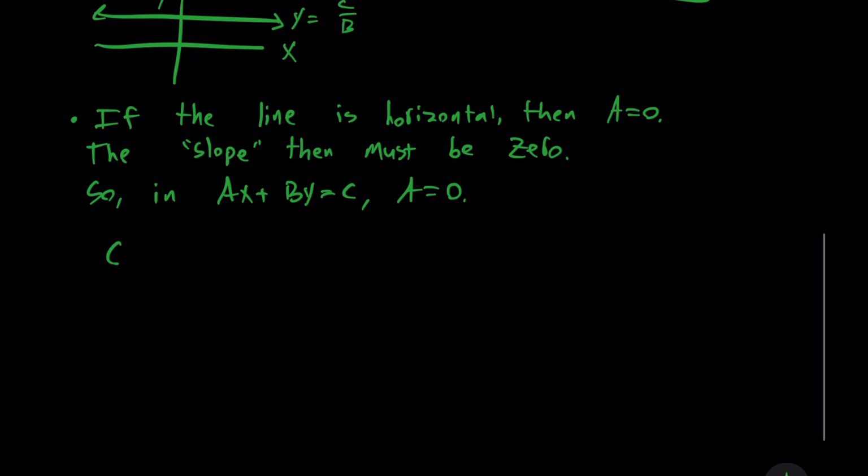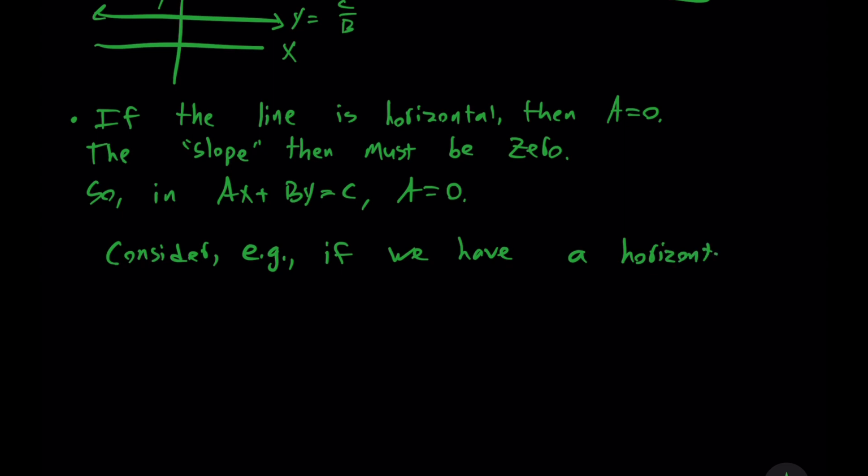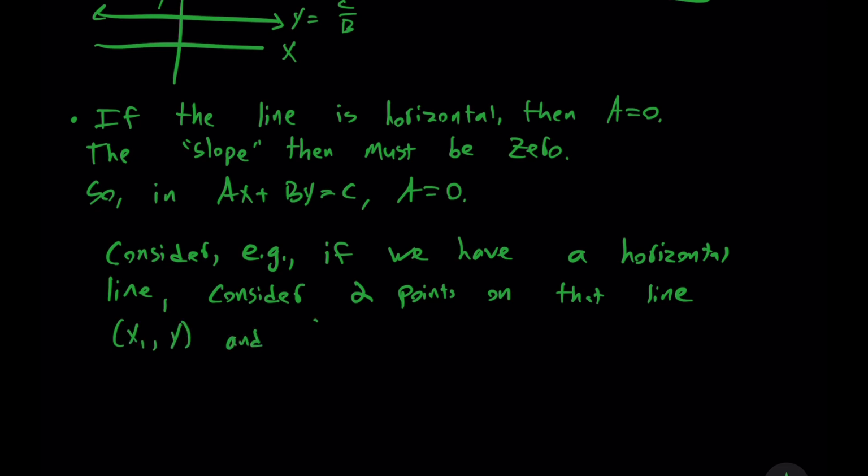Consider, for example, if we have a horizontal line, consider 2 points on that line, such as x sub 1 comma y and x sub 2 comma y.